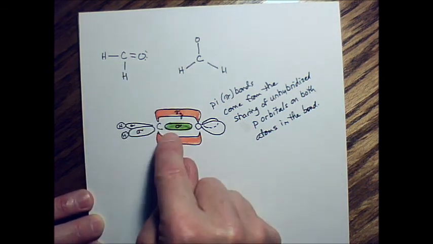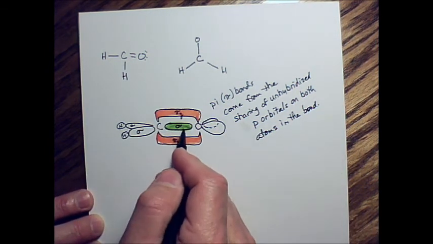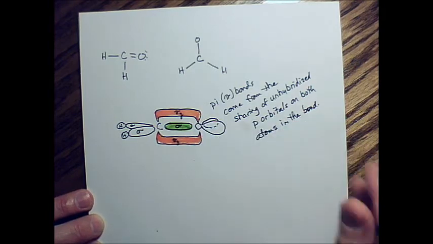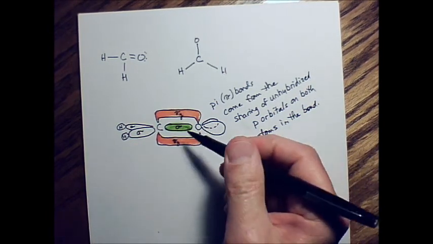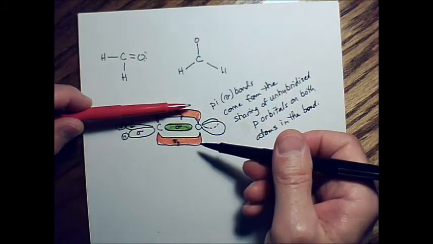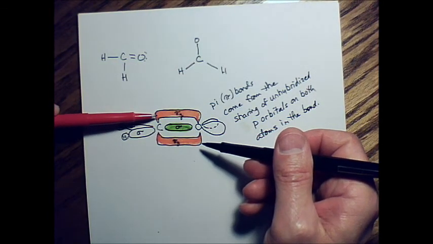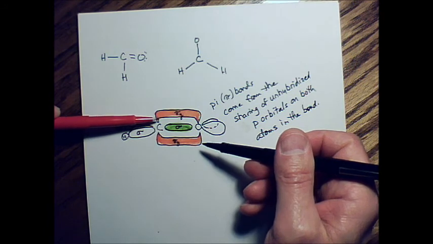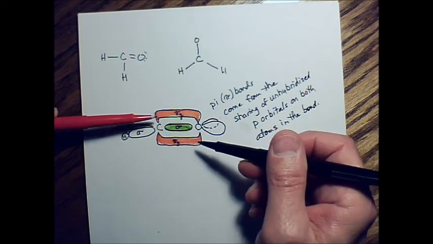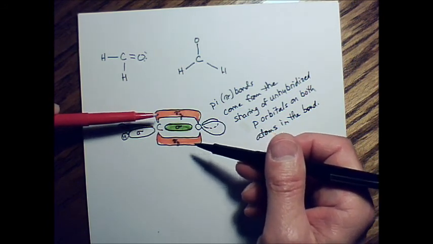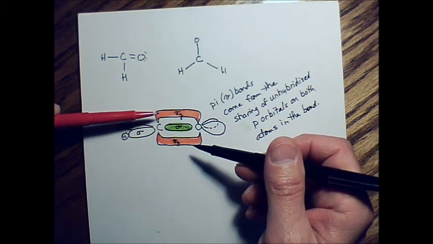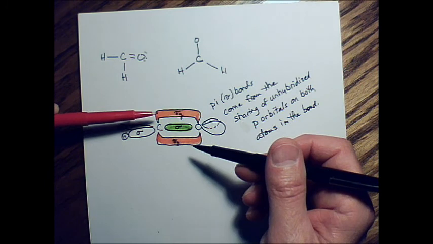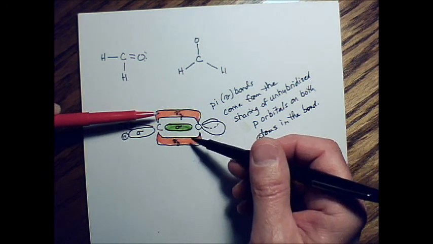Yes, that double bond has this sigma bond, and both of these together make up a pi bond. Okay? So there's one bond here, and the second bond is both of these. These are not two separate bonds. These two parts right here I'm pointing at are the same bond. That's just one bond with two parts. Just like p orbitals have two parts, a pi bond has two parts.